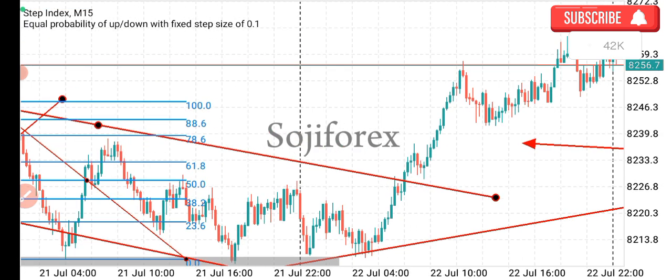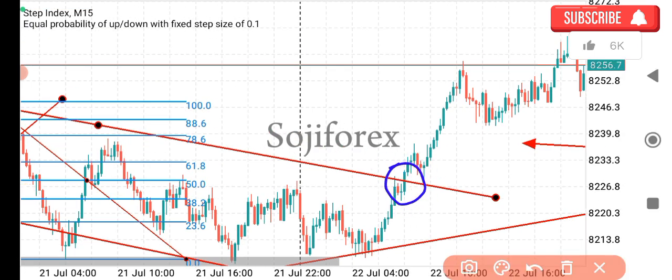So immediately price breaks out of this zone, you will go in for your buy, knowing too well that the higher time frame is a buy. And since it's a buy, for price to continue to buy, you will have one of these signals. You will have a break of structure on a lower time frame.